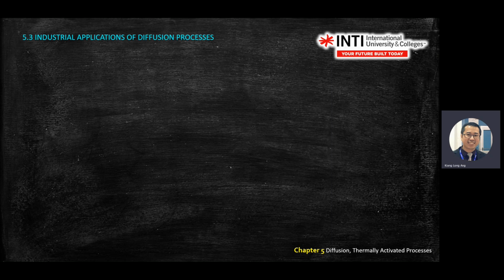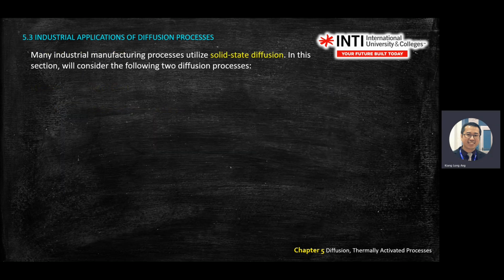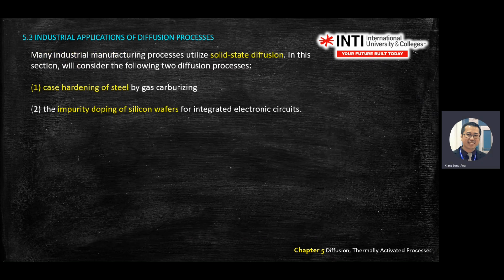I go very fast. I just flip the slides for you. Industrial diffusion, where do we apply? When you study how to do hardening later, or we call it strengthening mechanism in one of the chapters, you use diffusion for case hardening and impurity doping of a wafer. This one is in the Intel chip and so on, right?